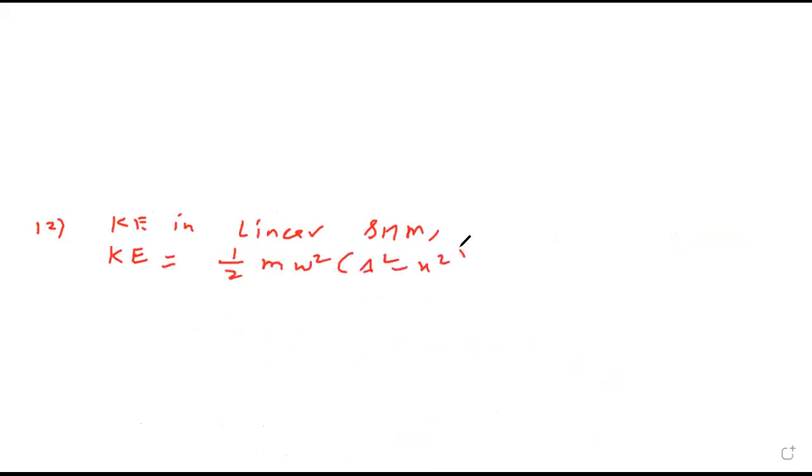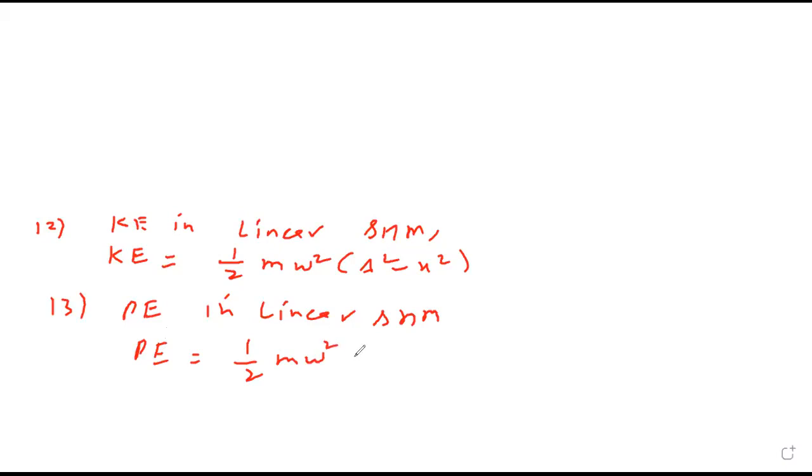What is kinetic energy in linear SHM? Formula of kinetic energy: half m omega square times a square minus x square. Potential energy in linear SHM? Half m omega square x square.